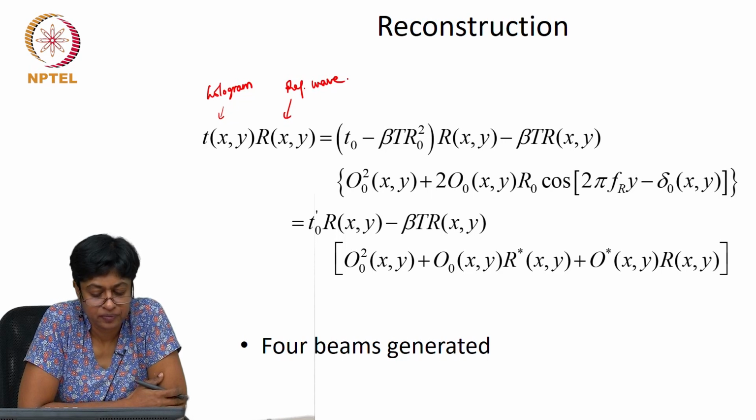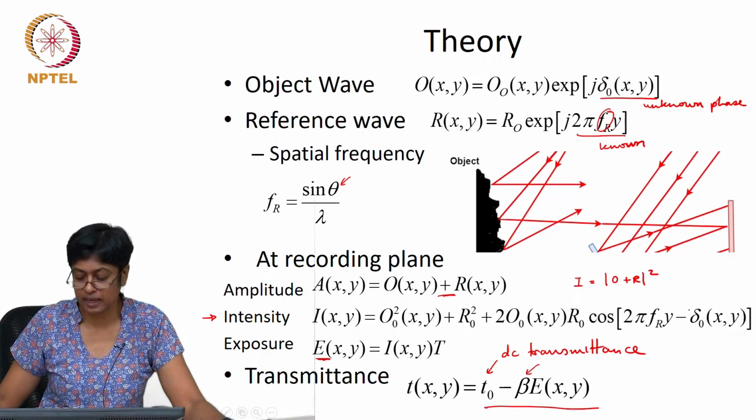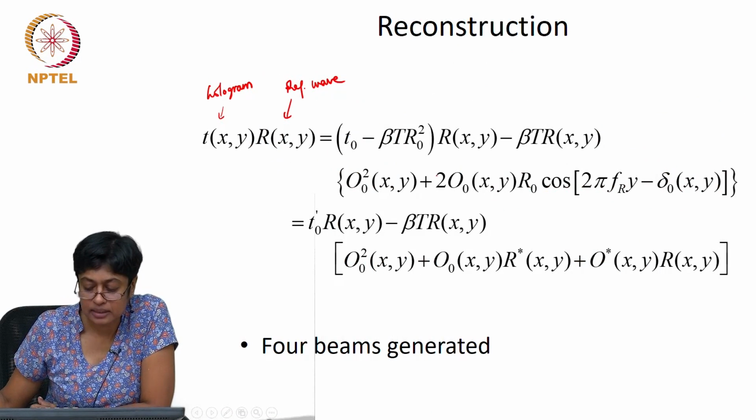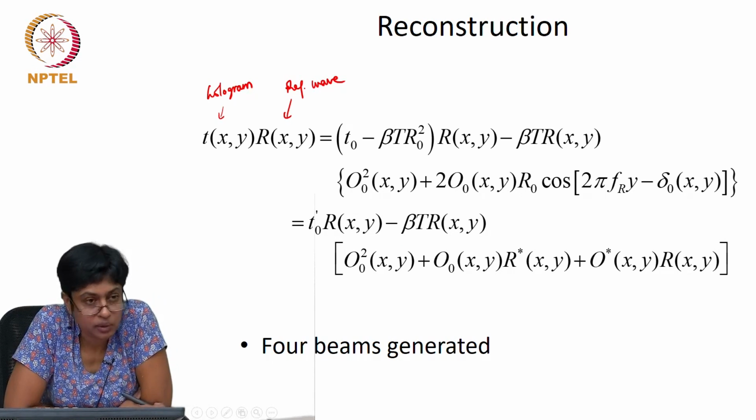multiply them, and remember this is the expression that we had. So, this substituted into this multiplied by the reference wave is going to give me these different expressions. Okay. Just take a moment and look at them, right.